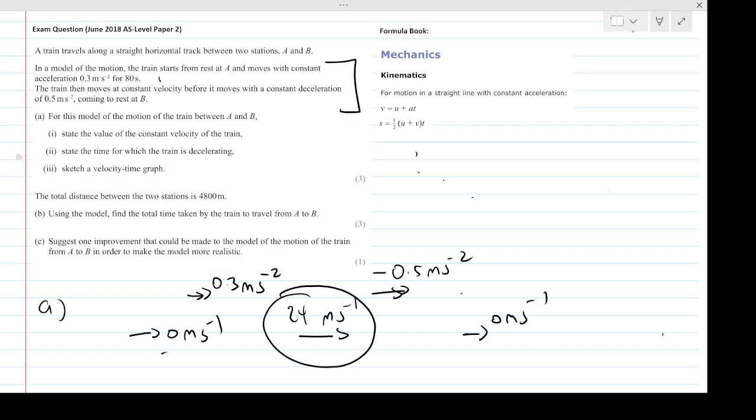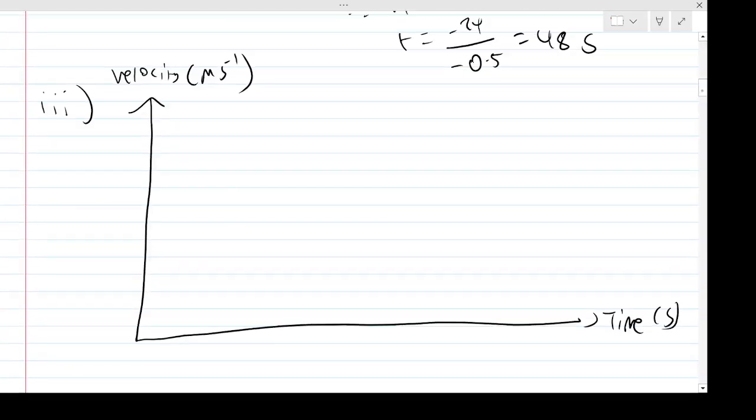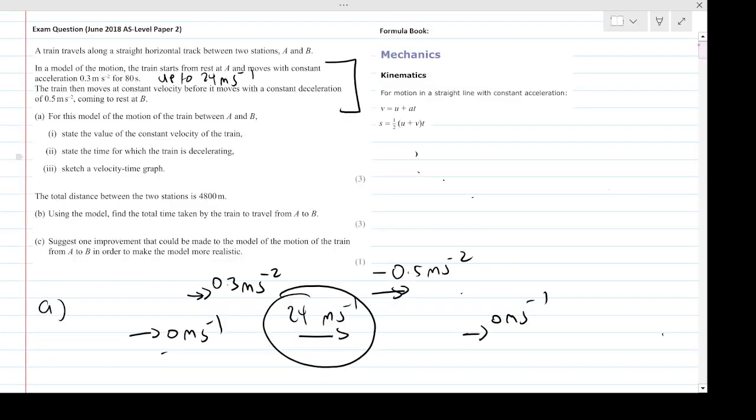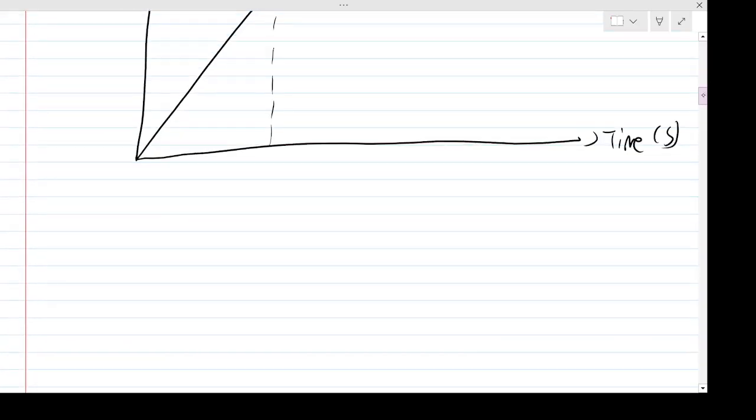So the first part of the graph needs to go from 0 velocity to 24, with the time being 80 seconds, so 80 here.